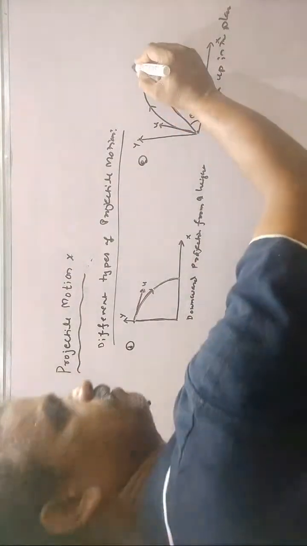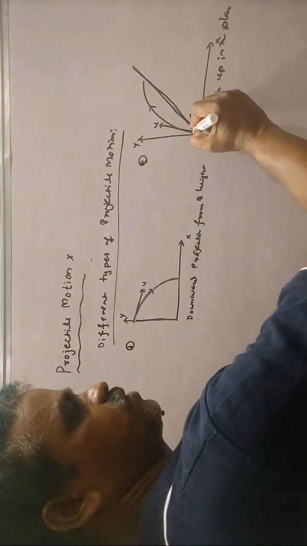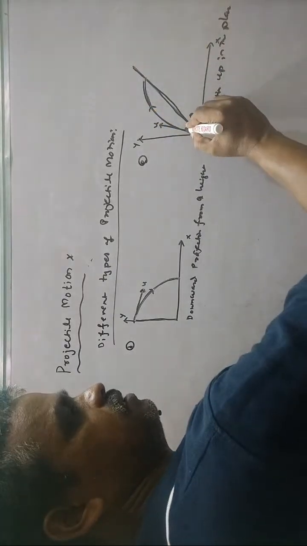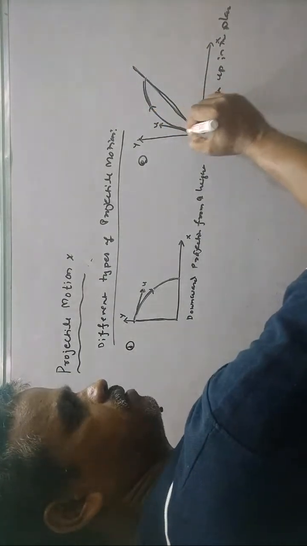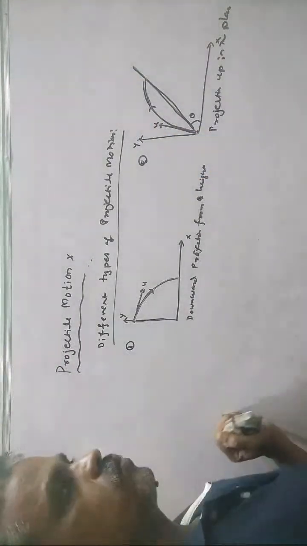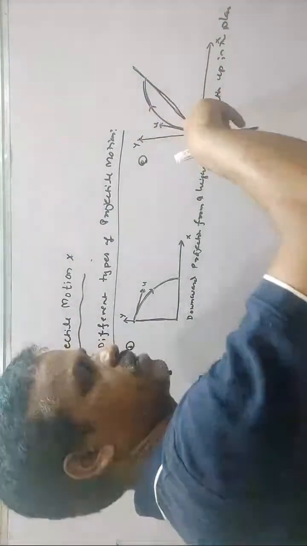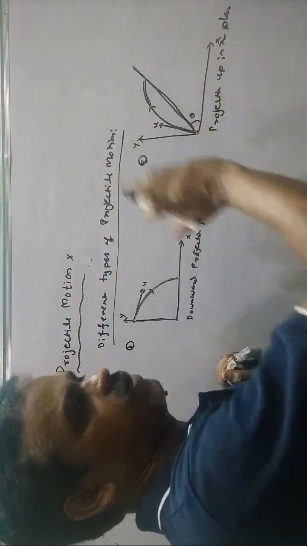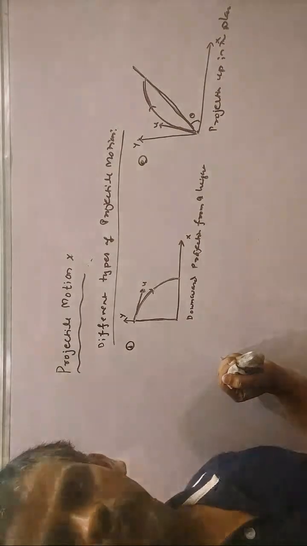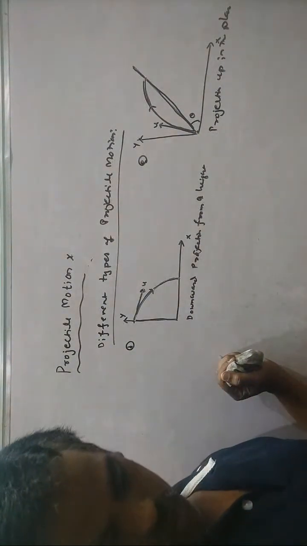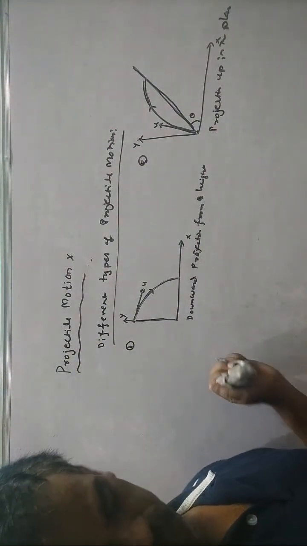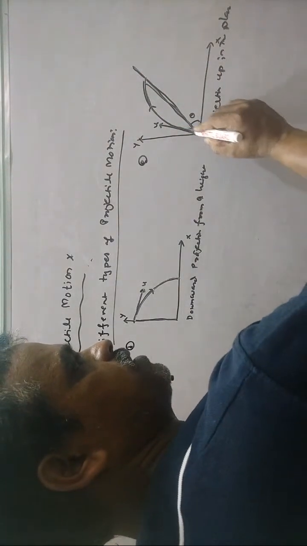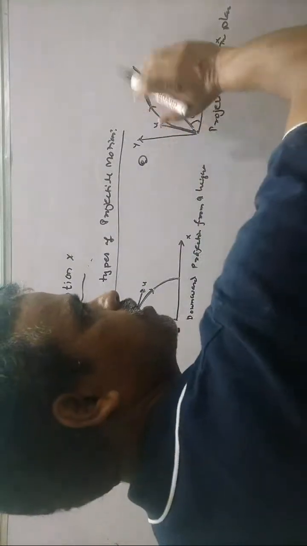We are projecting up, so the body will move in this path. Initially, the velocity vector and the path of the body are almost in the same direction. After that, it will deviate from that velocity vector. So that is projection up the plane.